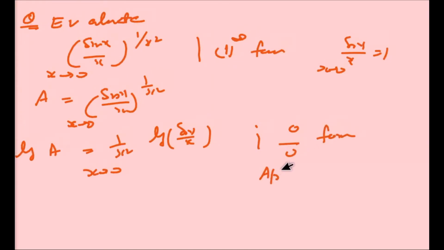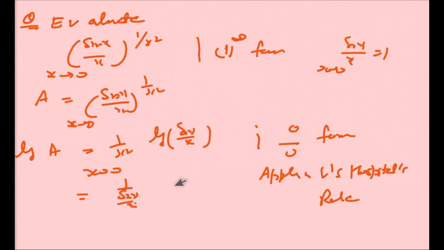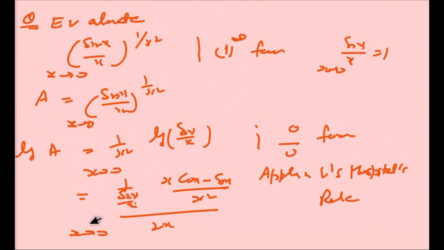Okay, so applying L'Hospital's rule, we can write here 1 upon sin x upon x into x cos x minus sin x upon x square, upon 2x, x tends towards 0.